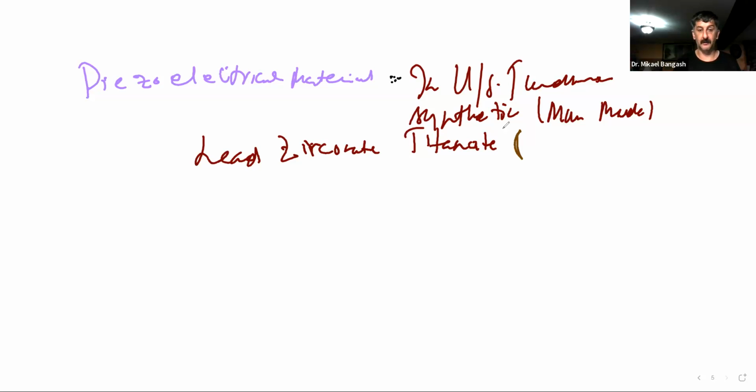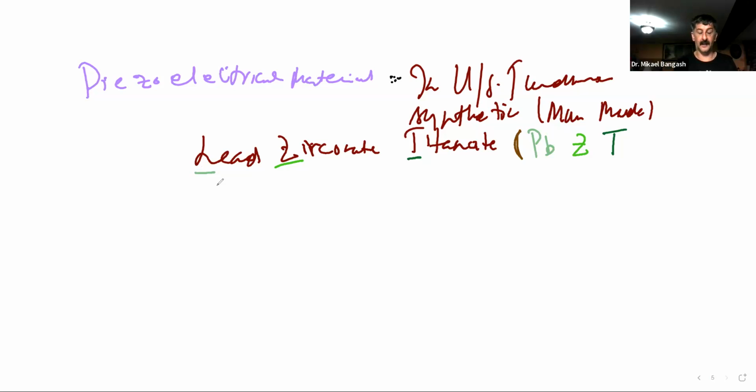Mainly because the chemical symbol for titanate is T. The chemical symbol for zirconate is Z. And it may sound crazy, but the chemical symbol for lead is not L, but actually PB.